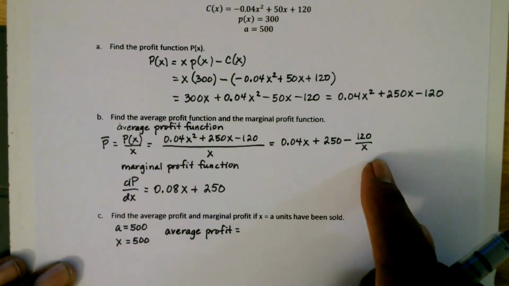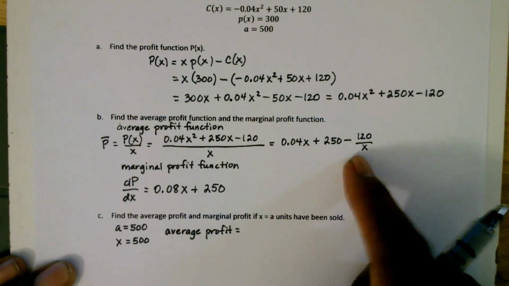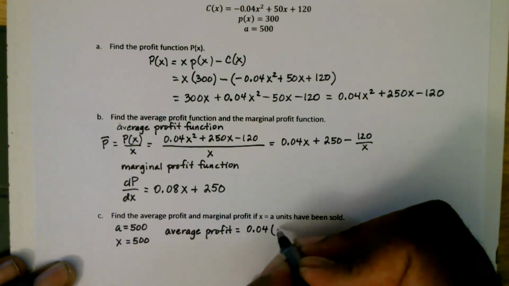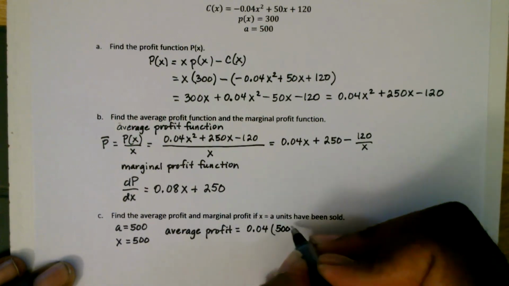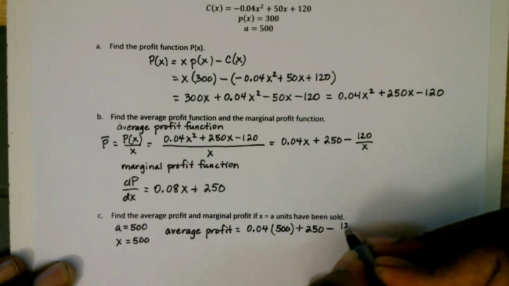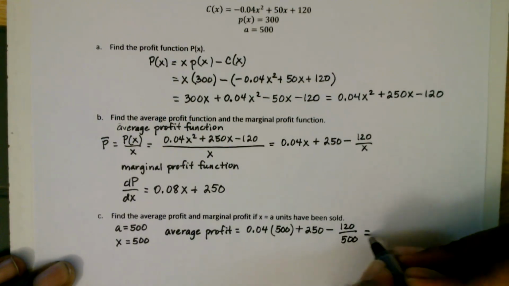Using that average profit function that we have here, we just substitute the X with 500. So we're going to have 0.04 times X, which is 500, plus 250 minus 120 divided by X, which is 500.